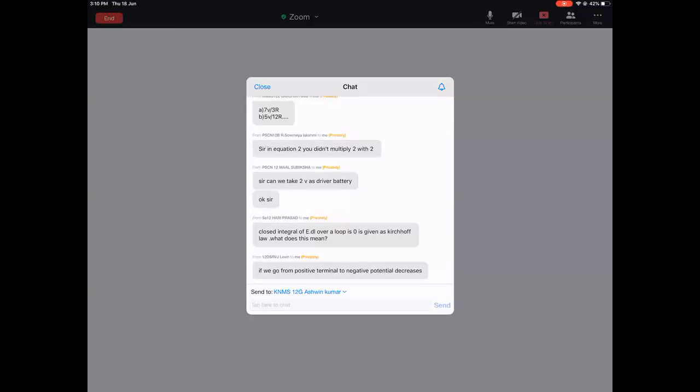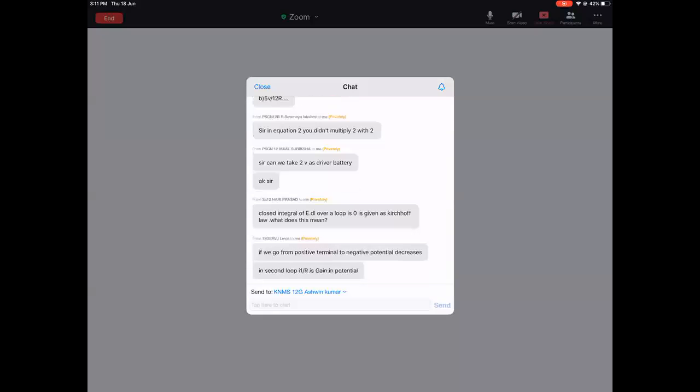E dot dl means work done. Work done is equal to 0 for a test charge. Work done per unit test charge is nothing but potential. So the statement that the closed integral of E dot dl over a loop is 0 is given as Kirchhoff's law. It tells you that in a closed loop, the sum of all potentials is equal to 0.